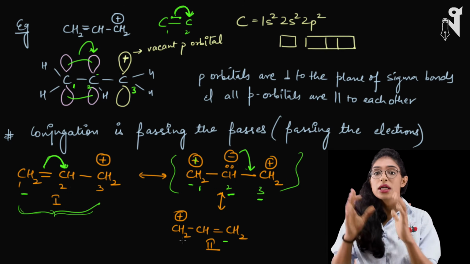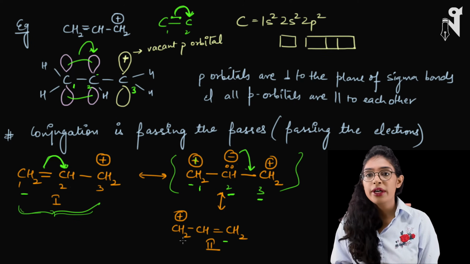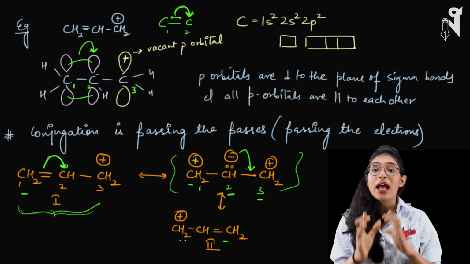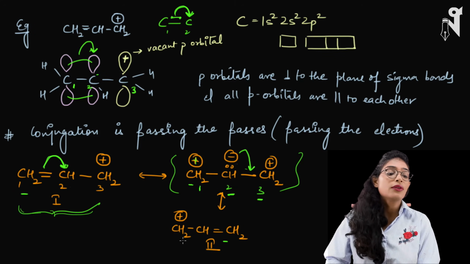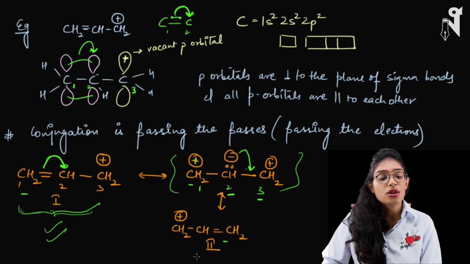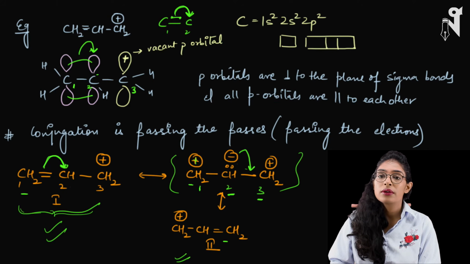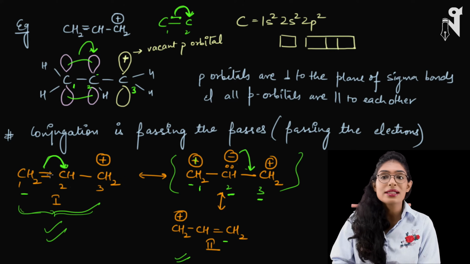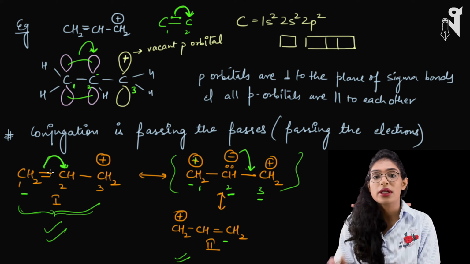So carbon 3's positive charge got nullified, and a new positive charge got created on carbon 1. So we can see that form 1 got changed into form 2.